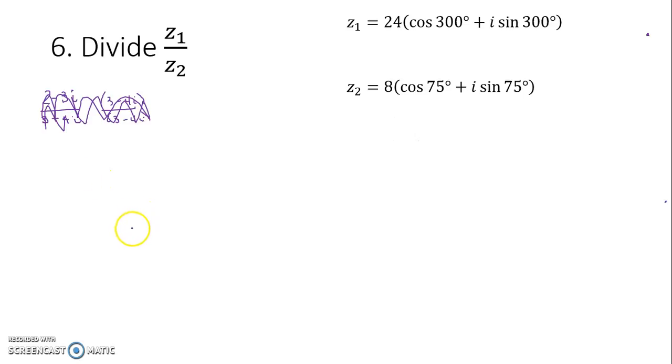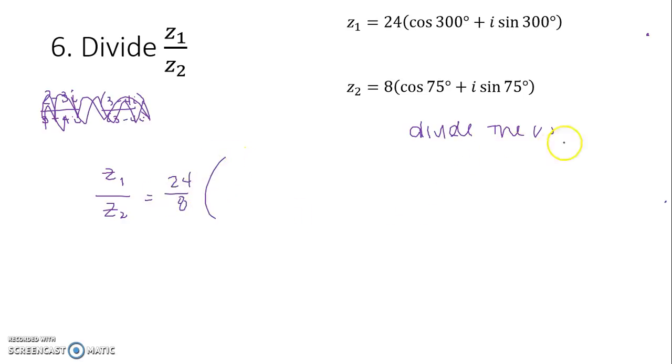So, the first thing we need to do when we're dividing with our complex numbers in trig form is we are going to divide the r's. So z1 over z2. For my r's, I'm going to do 24 over 8. And I'm going to subtract the thetas.